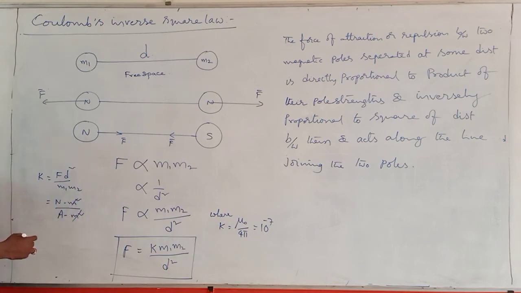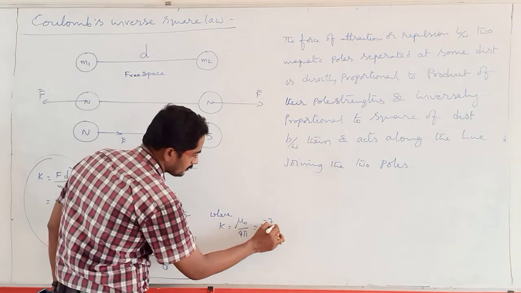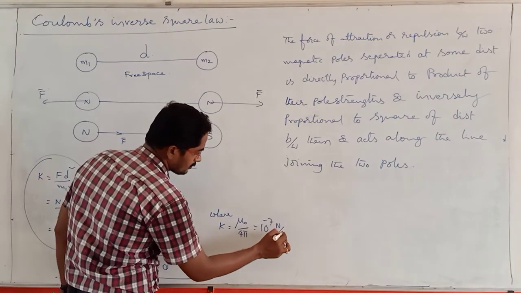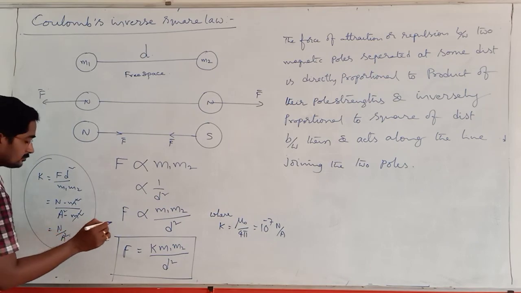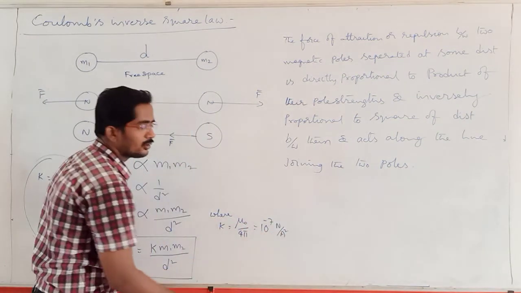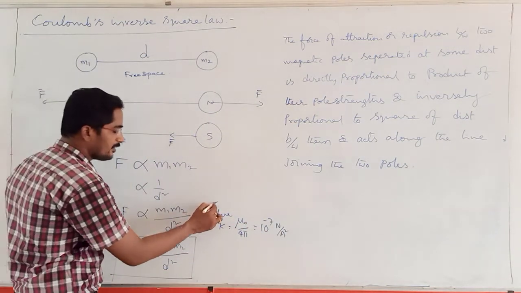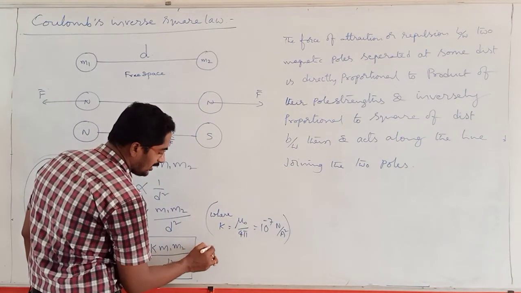Meter square cancels. What do you get? Newton per ampere square. This is the SI unit for k.